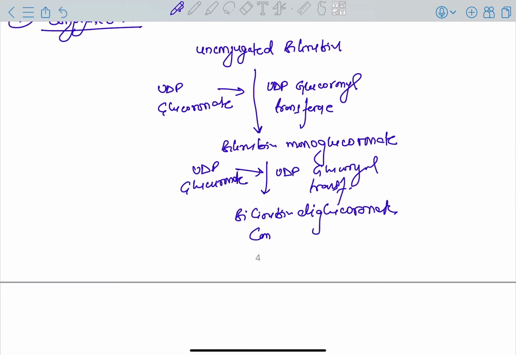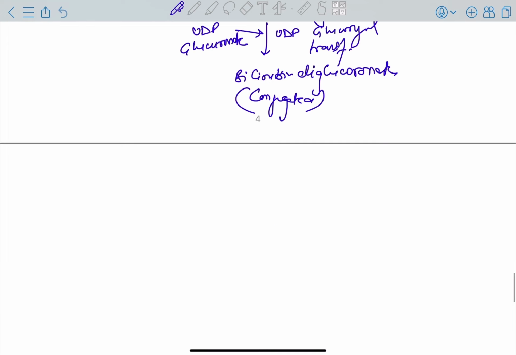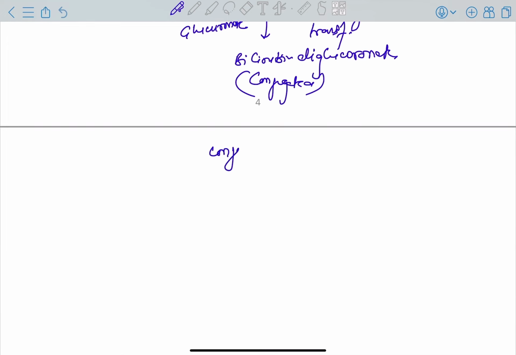Now this is a conjugated bilirubin. ये conjugated bilirubin है. Now, this is mainly conjugated bilirubin. It is secreted into bile. Bile में secrete होगा first one.